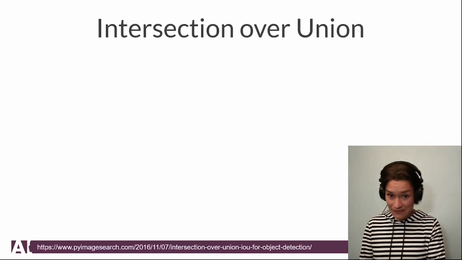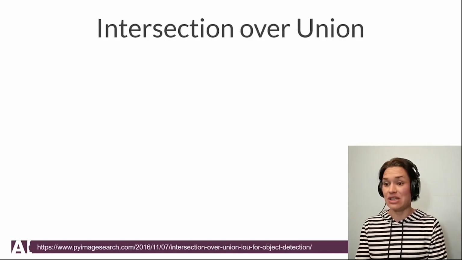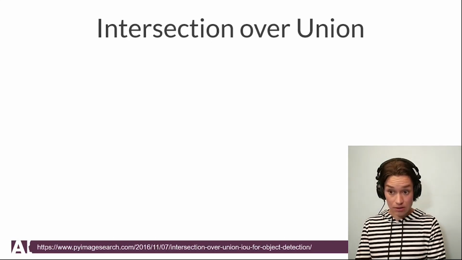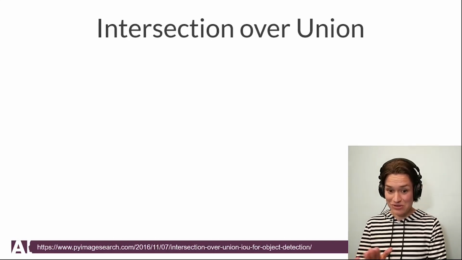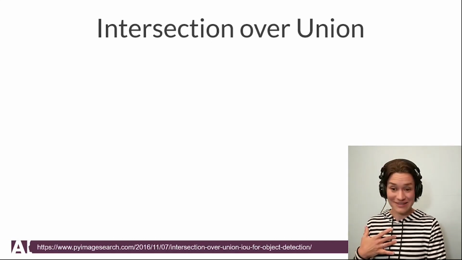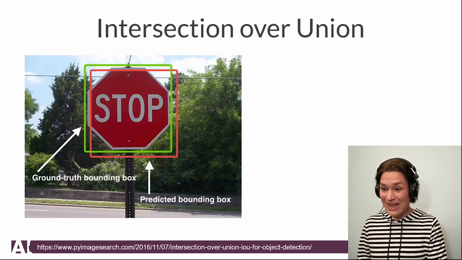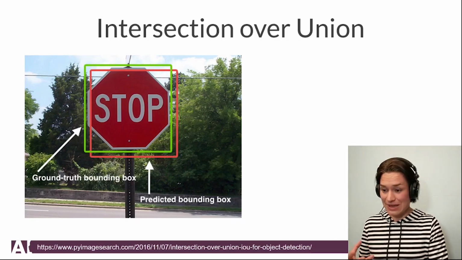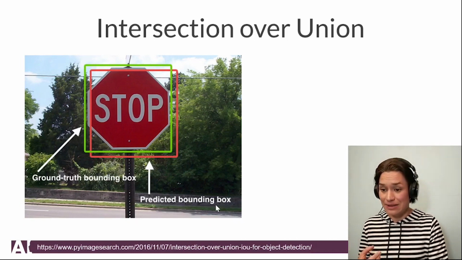Something that is specific to instance segmentation and object detection is intersection over union. You might not have heard the name, but I think when you see it, this is going to be the most intuitive of the metrics, even though the other ones I come across all the time. Intersection over union is telling us how the ground truth bounding box, or the ground truth annotation in terms of instance segmentation, corresponds to the predicted bounding box.